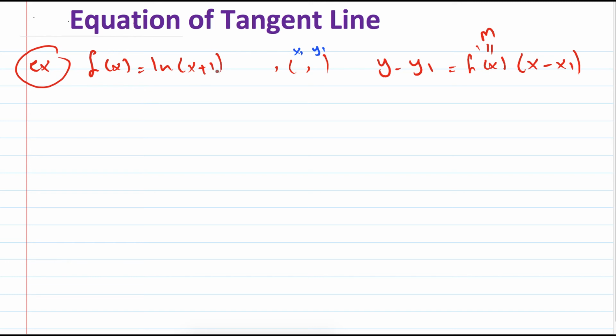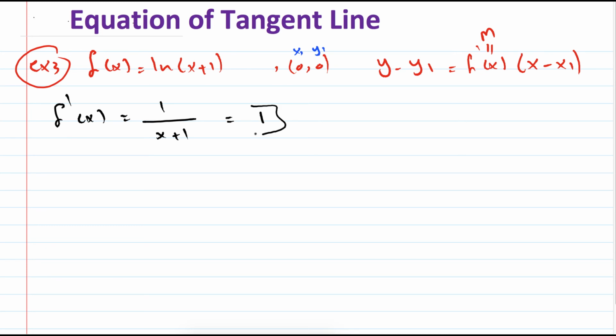Find the equation of the tangent line of this particular function at 0 and 0. So this is example 3. What is f prime of x? Well, this is natural log of x plus 1. Basically the derivative of that is just 1 over x plus 1. And if you evaluate this derivative at 0, it is basically equal to 1.